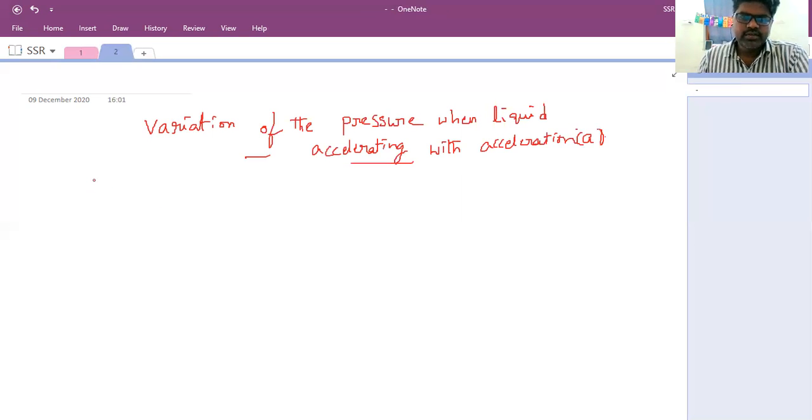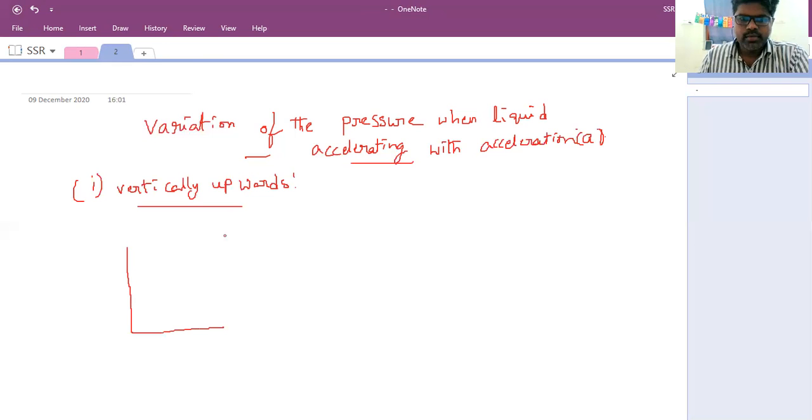Suppose it is accelerating vertically upward, what happens? Vertically upwards. So let us consider a beaker of liquid. So this is the liquid column.